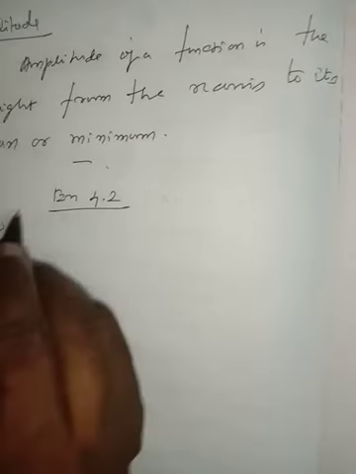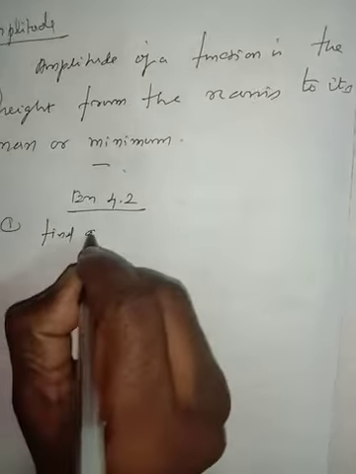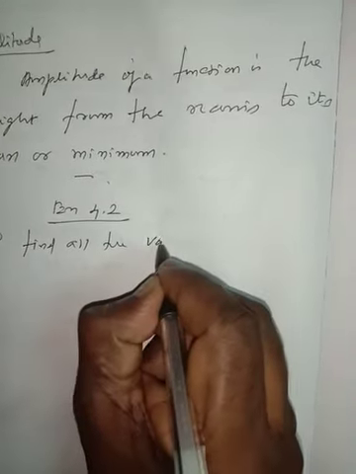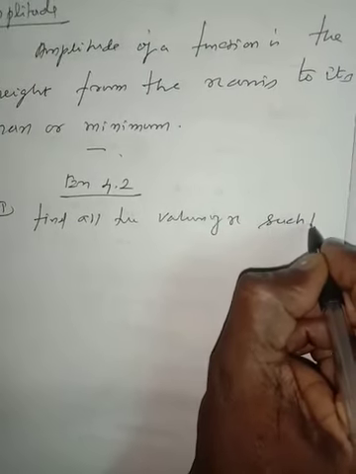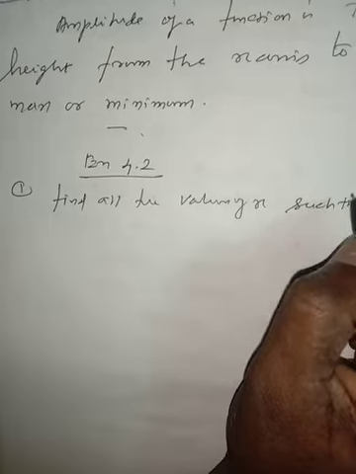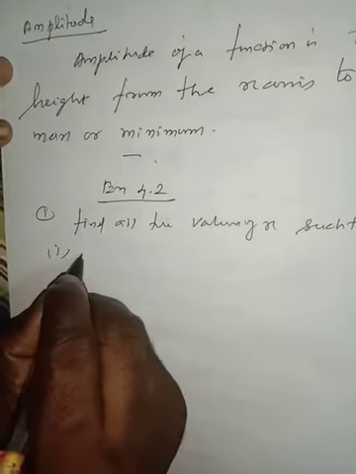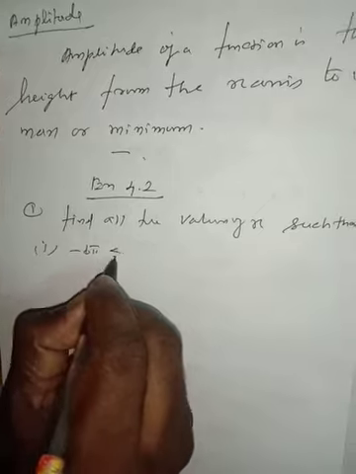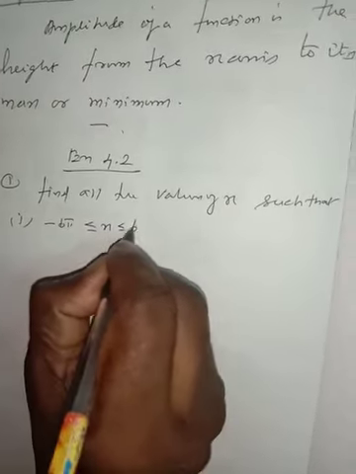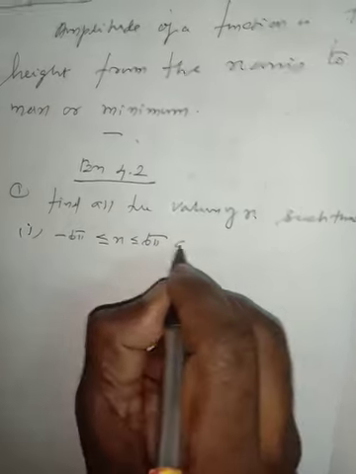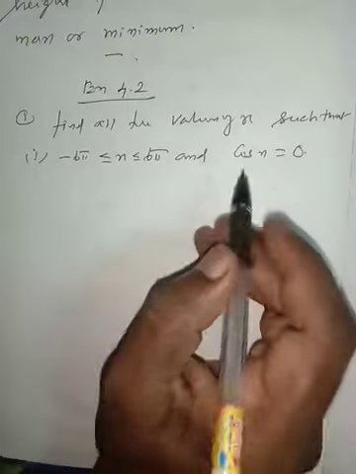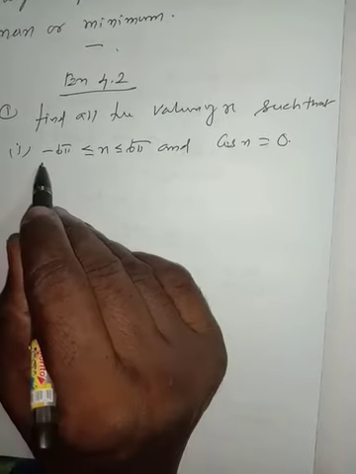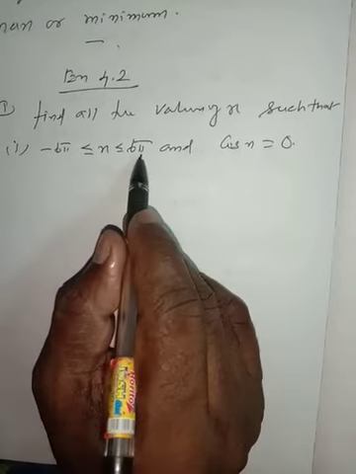Find all the values of x such that minus 6 pi is less than or equal to x, less than or equal to positive 6 pi, and cos x is equal to 0. That is, cos x is equal to 0 in the range from minus 6 pi to positive 6 pi.